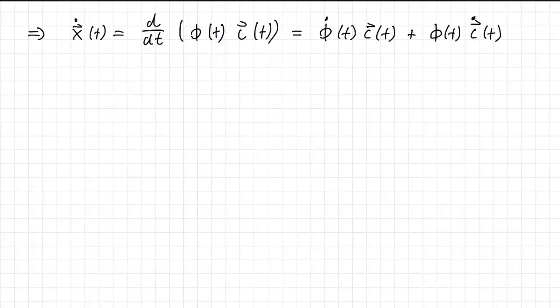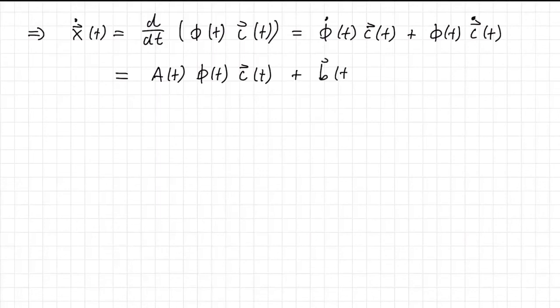So we get two terms because we have a product. And if we now plug in the right-hand side of the differential equation, what we get is a of t times phi of t c vector of t. So this is just a of t times x of t plus b of t.